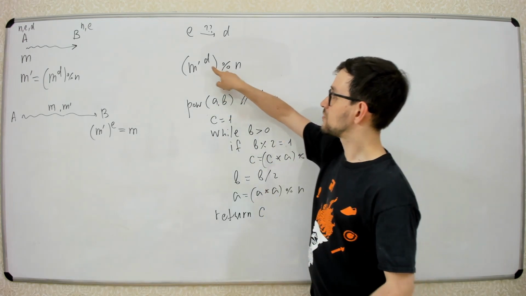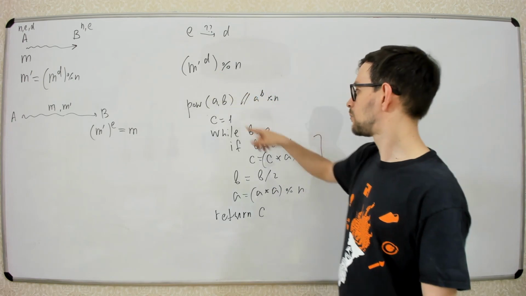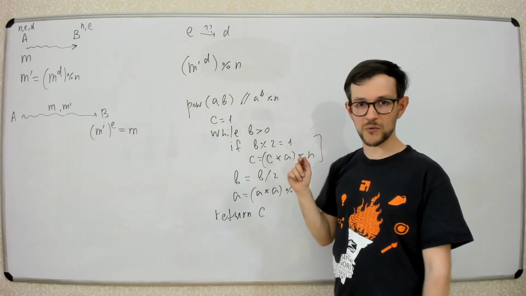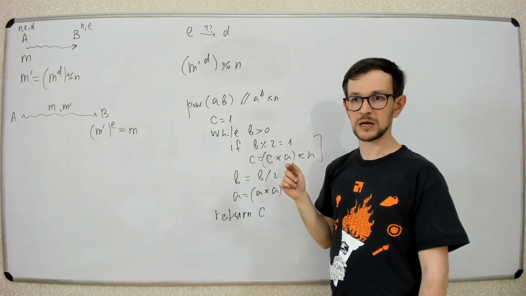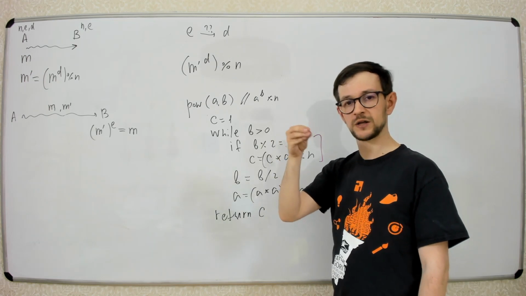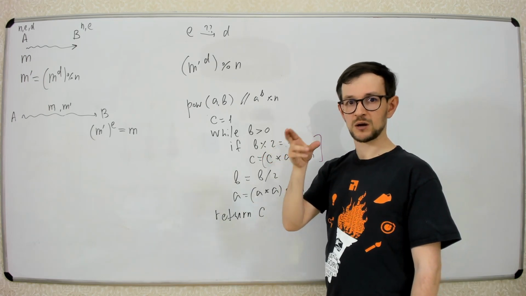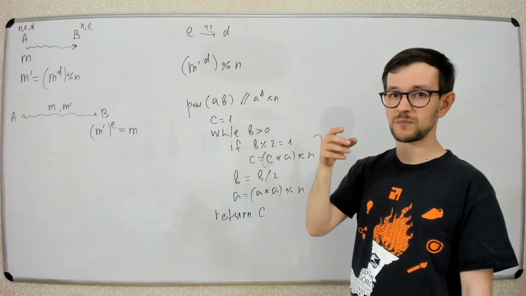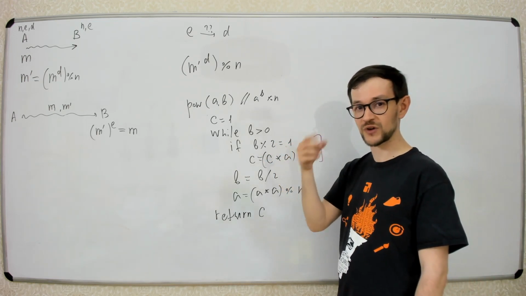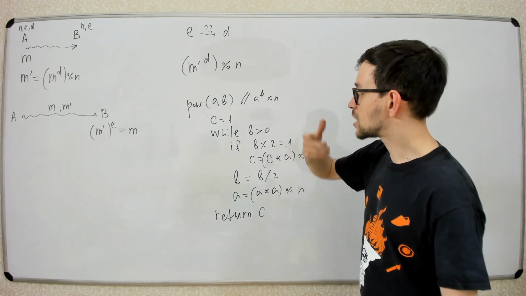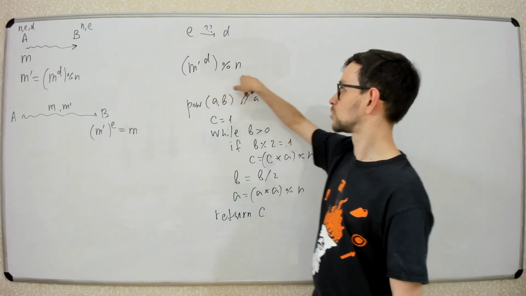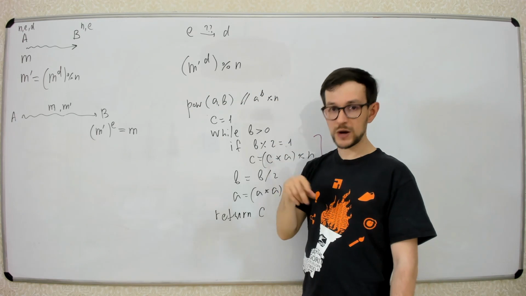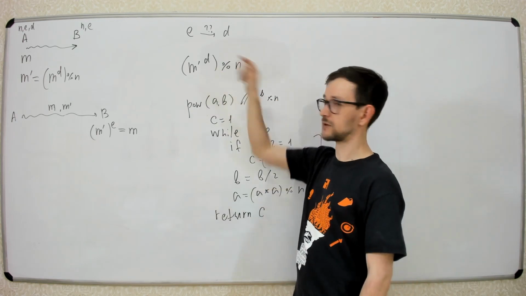Different numbers d will produce different numbers of operations of this code. We can measure time in computers very precisely. So if we can measure the time the server spent to calculate this number, we can get a lot of information about this number d.